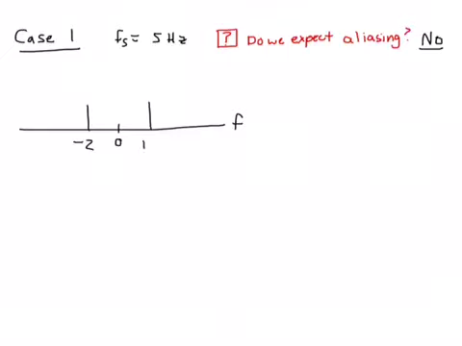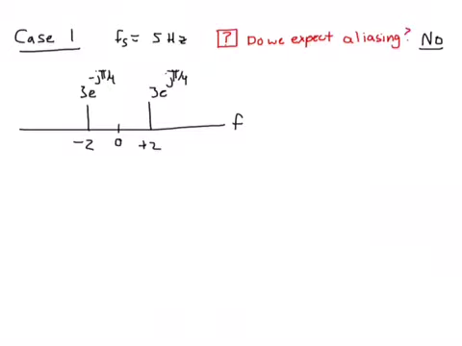It has frequency components at plus and minus 2. This is just recopying what we had on the previous page. So that's 3 e to the minus j pi over 4, and that's 3 e to the plus j pi over 4. Okay, so that's what we start off with.